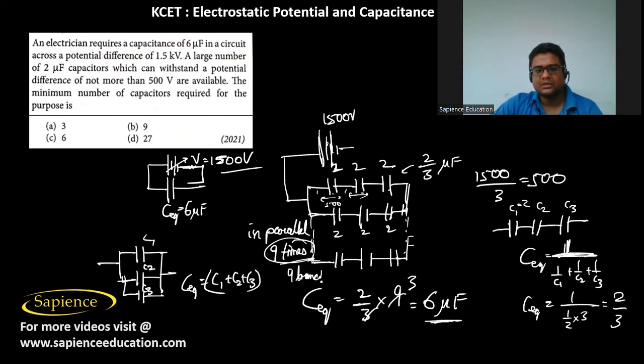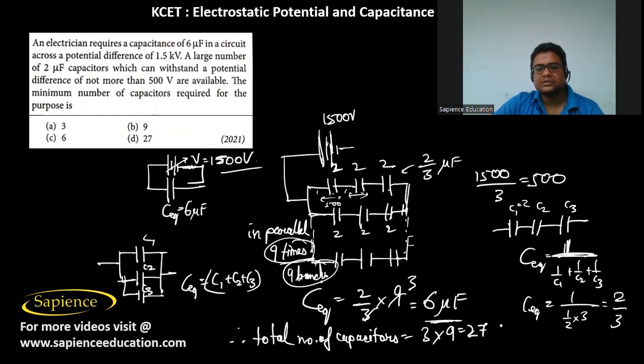So the total number of capacitors required will be equal to 3 into 9, which is 27. 27 capacitors are required. So option D is the correct answer.